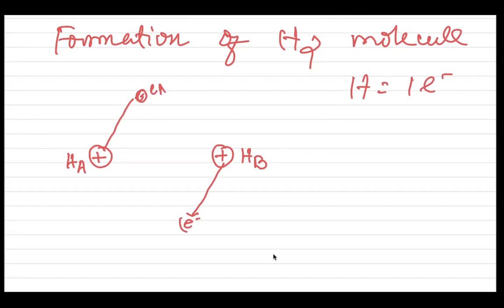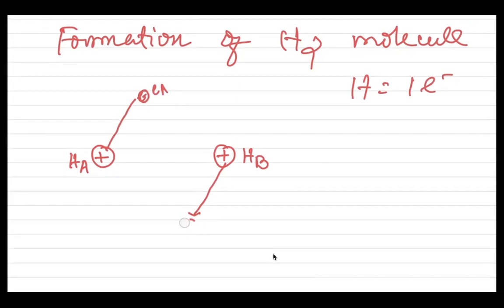and this nucleus is bound with electron EB. Now, what bonds will form? The HA nucleus will form a bond with this EB electron, and the HB nucleus will form a bond with the EA electron.